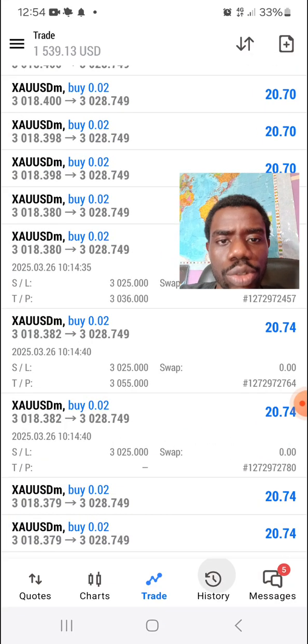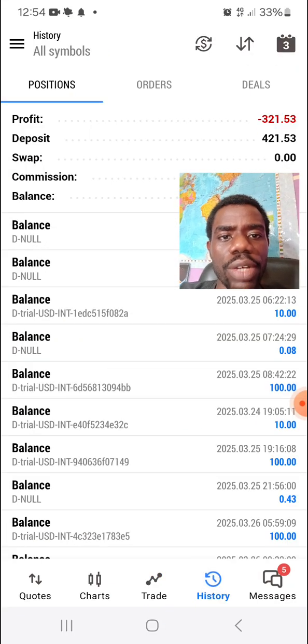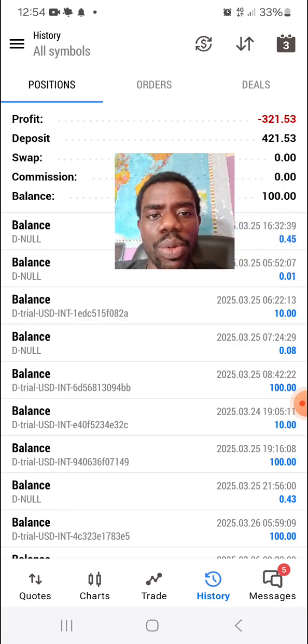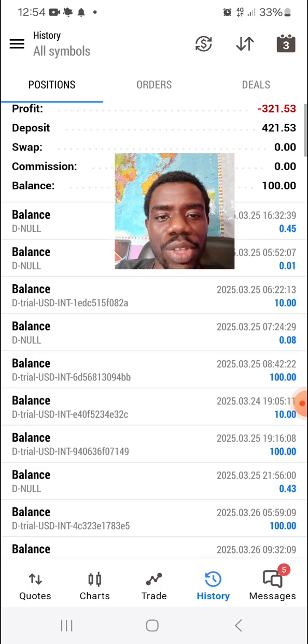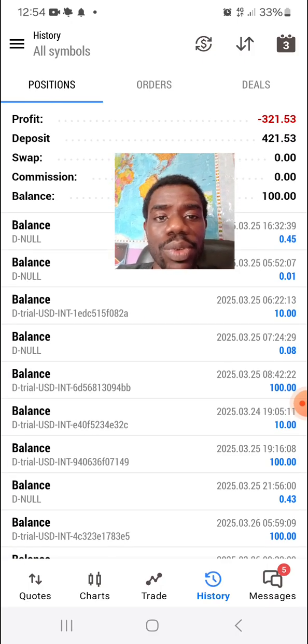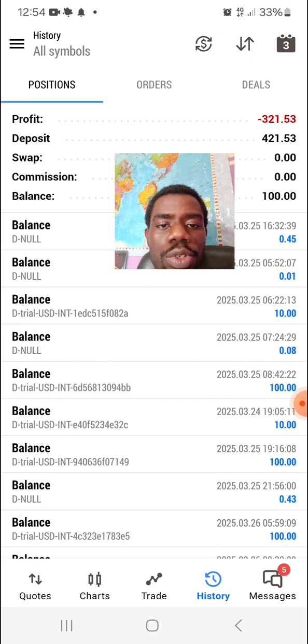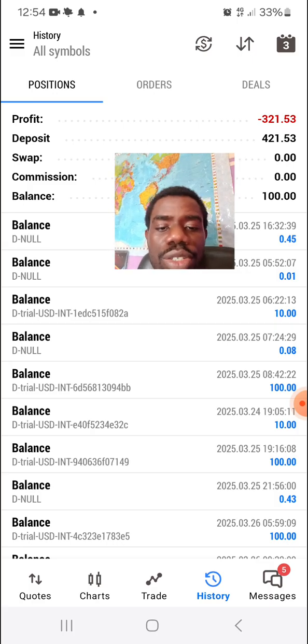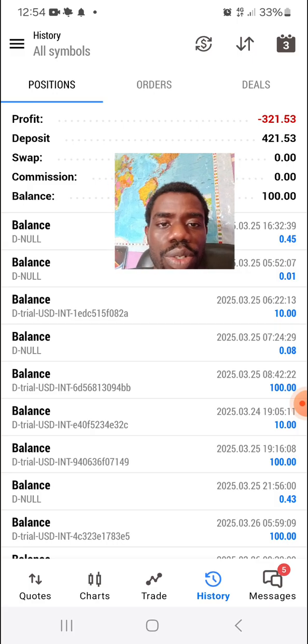So I want to show you something again about flipping. Can you look at the profit here? It is minus 321. There was an existing trade before now, so that means I had funded $100 in this demo 4 times. The second time was mainly BTC long, and it went overnight, it retraced to zero, so it blew.